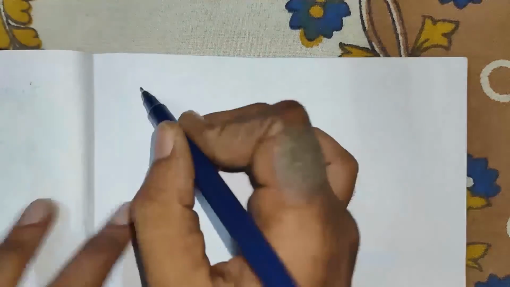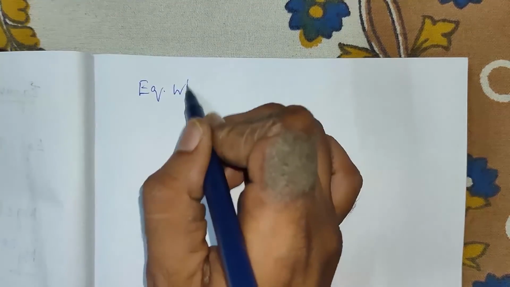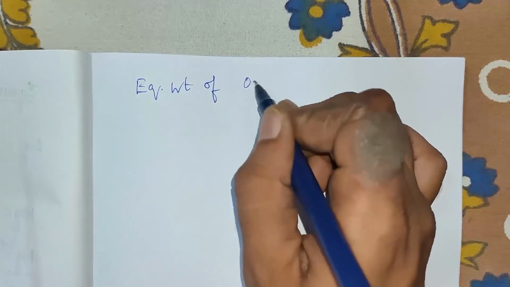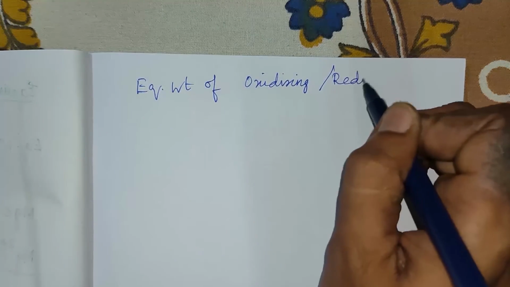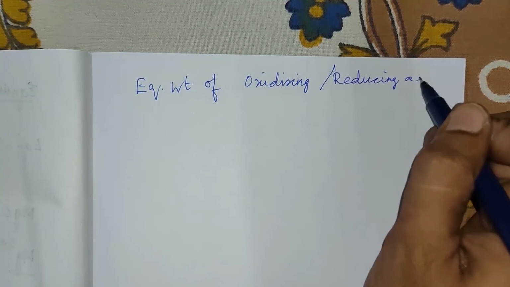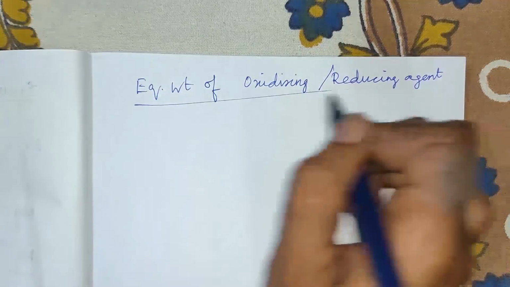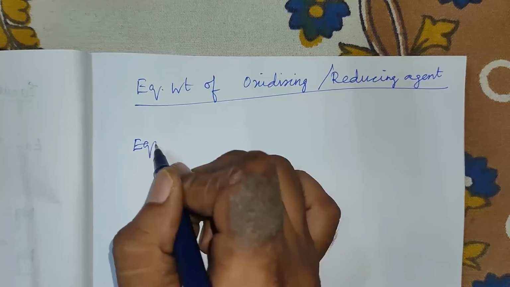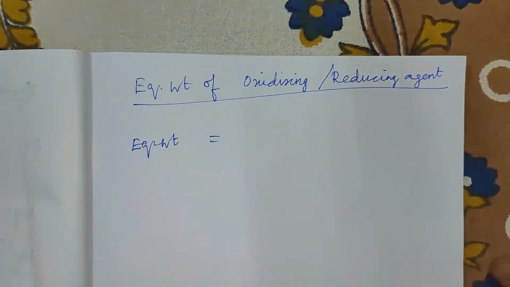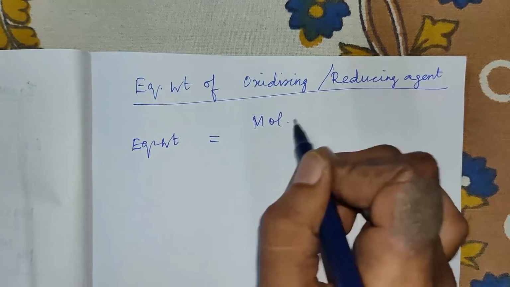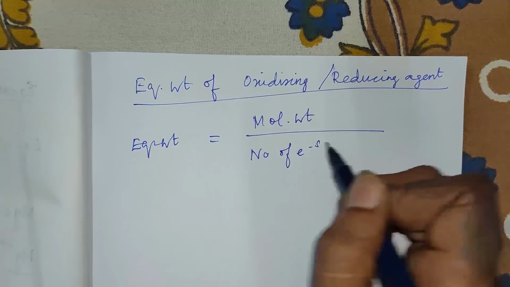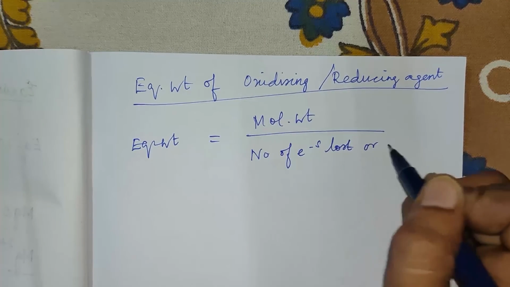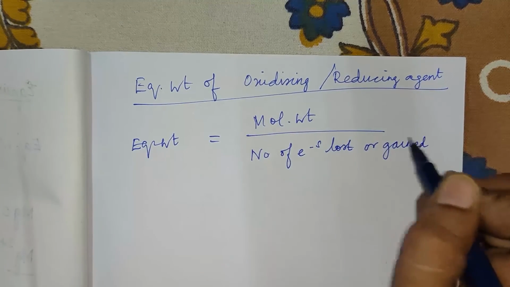Now the equivalent weight of an oxidizing or reducing agent. For both you are going to use the same formula. What is the formula? Equivalent weight is equal to molecular weight divided by the number of electrons lost or gained by the molecule.